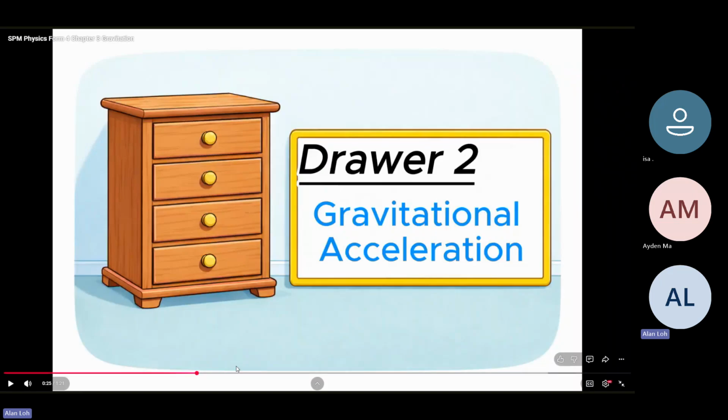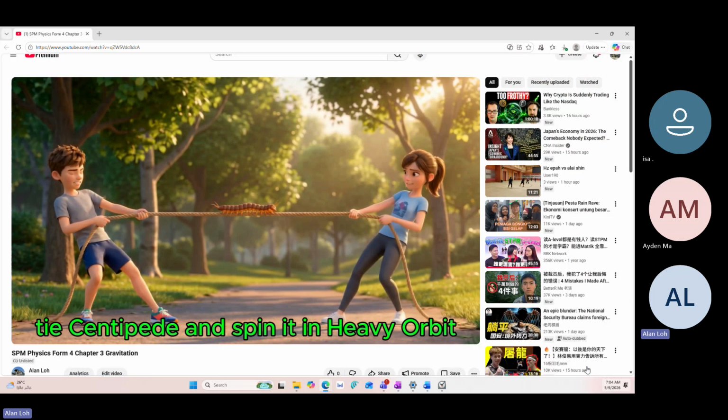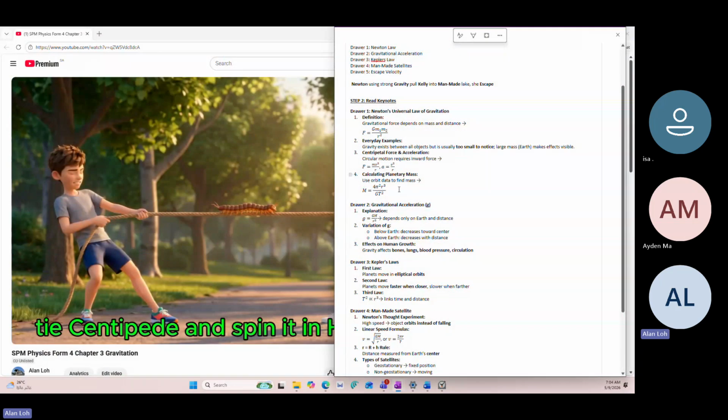And then what was the story again? And then the spin centipede. Centipede sounds like centripetal, right? This centripetal force is the invisible force, like you are spinning a rubber stopper on a string attached to it. This helps us remember the key information in drawer 1.